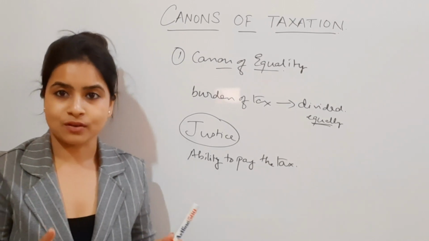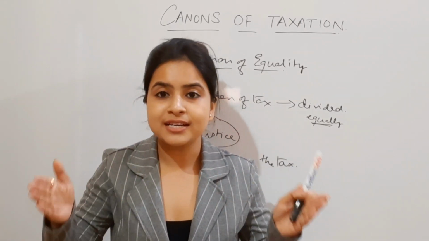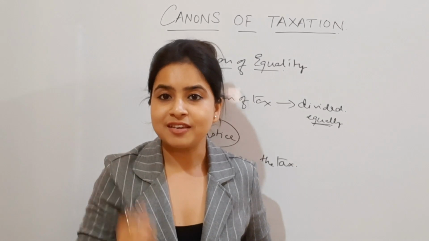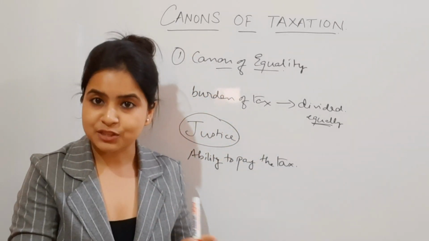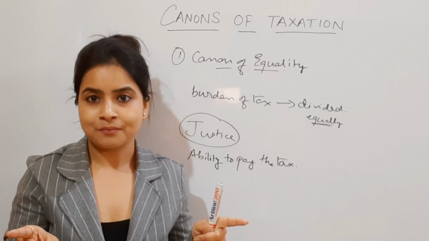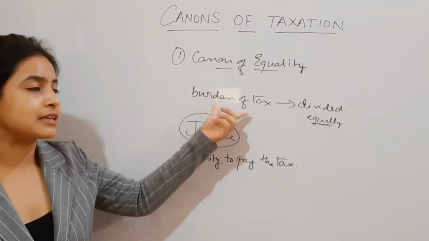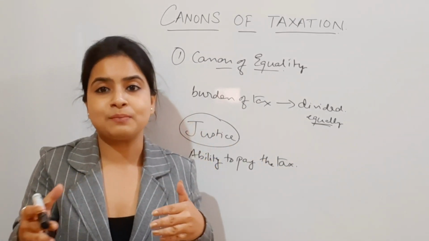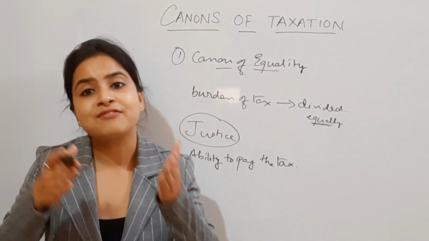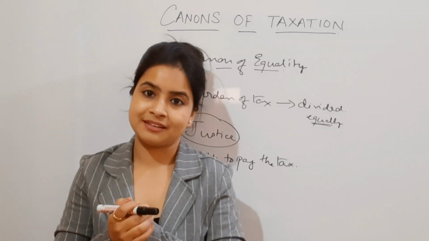And if the burden is divided equally, then we can say that the sacrifice made by the taxpayers would be equal. Because ultimately this burden of taxation is nothing but a sacrifice. So the sacrifice will be similar for each and every type of taxpayer.